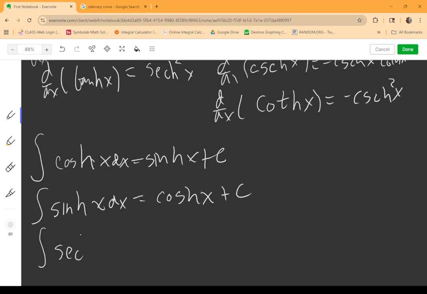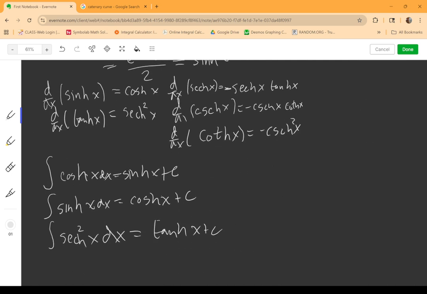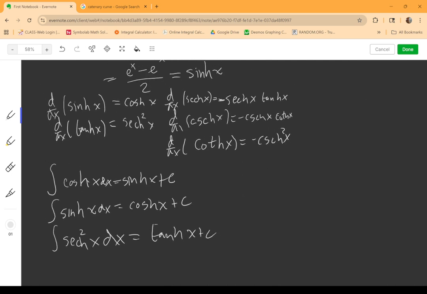The integral of hyperbolic secant squared of x dx is hyperbolic tangent of x, and again, don't forget the plus c. And then the integral of hyperbolic secant x times hyperbolic tangent of x dx is negative hyperbolic secant of x plus c.